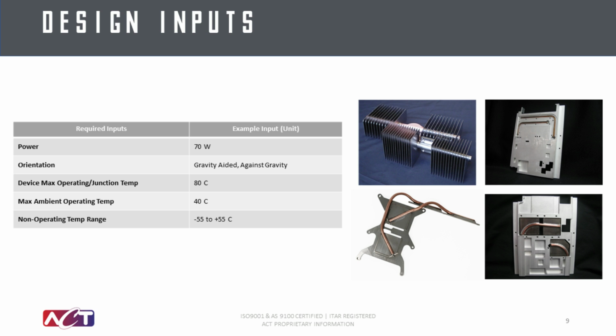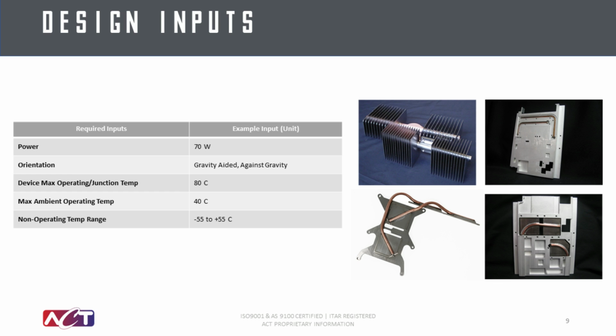Quick definition here, when your heat pipe heat input or evaporator is lower in plane than your condenser, that's a gravity aided orientation. This means that the condensate from your condenser is going to return to your evaporator gravity aided.